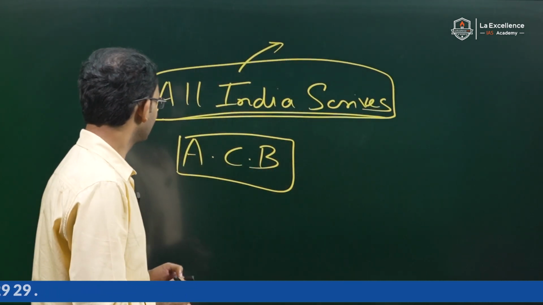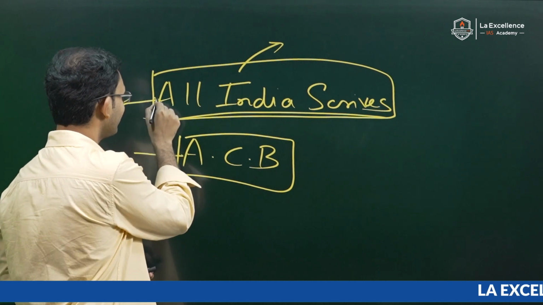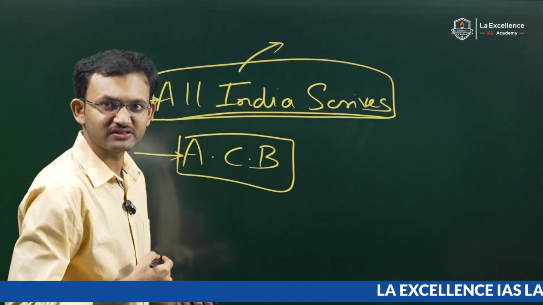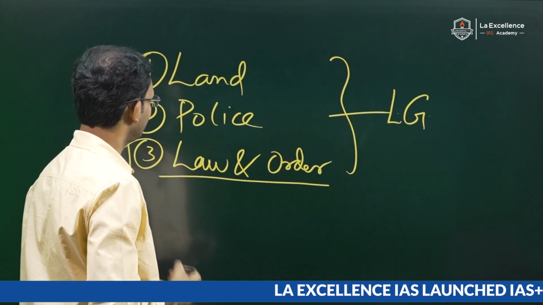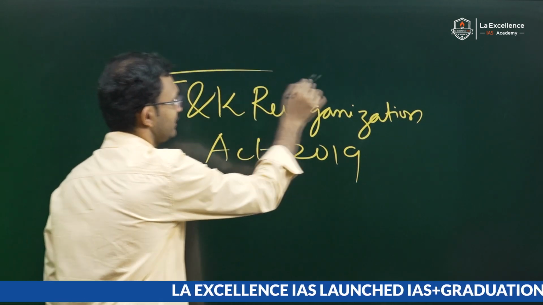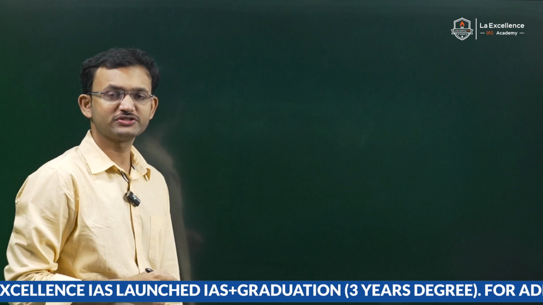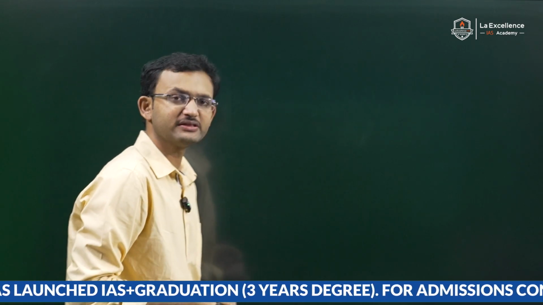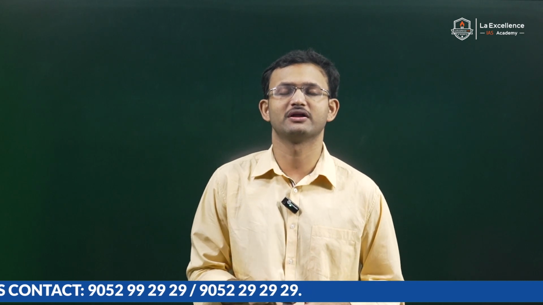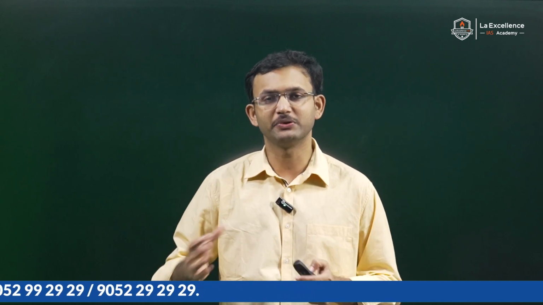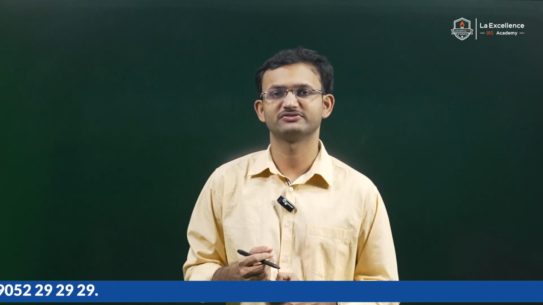Now, if this is the case, can the Lieutenant Governor have additional powers other than this? Again, the same Act of 2019 would come into play, where a clause says anything that has not been mentioned concretely either in the Constitution or the Act would be at the discretion of the Lieutenant Governor. That means the residuary powers are completely in the hands of the Lieutenant Governor.